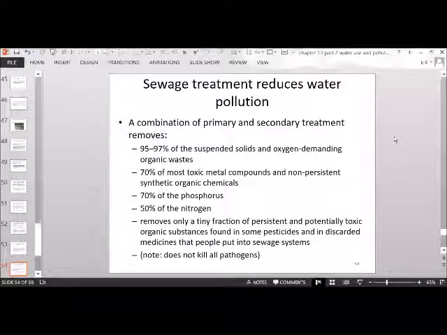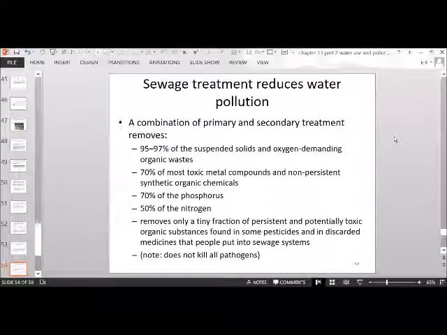Now they're saying not to do that because we know that it stays in the water, and like I just said, only a small fraction of some of the medication chemicals will get removed from the sewage water before it is released back into the local waterways, because that is what happens to treated sewage water. After it goes through the sewage treatment plant, it gets released into local waterways, rivers, bays, things like that.